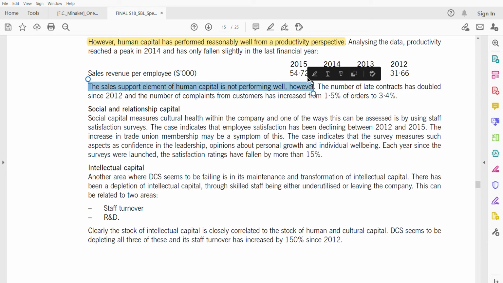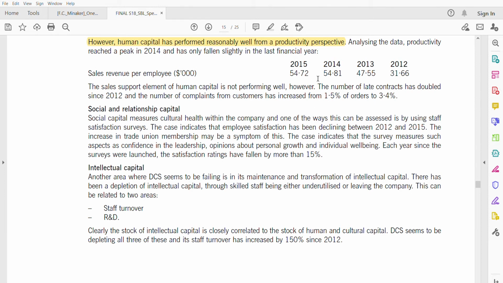So the sales support element of human capital is not performing well. However, the number of late contracts has doubled since 2012 and the number of complaints from customers has increased from 1.4 to 3.4%. They are also taking customer orders, because when your customers are not satisfied, when you're getting complaints from your customers, it means your human capital is not performing well.